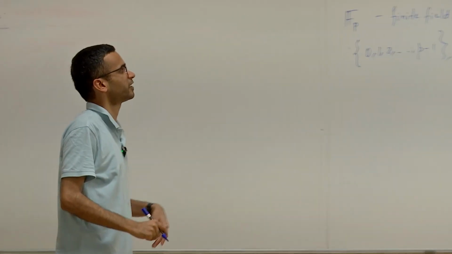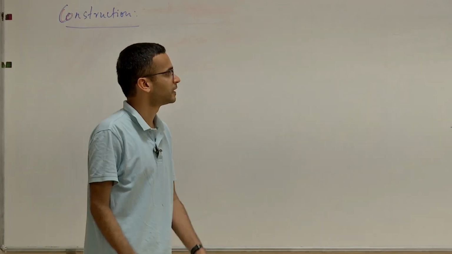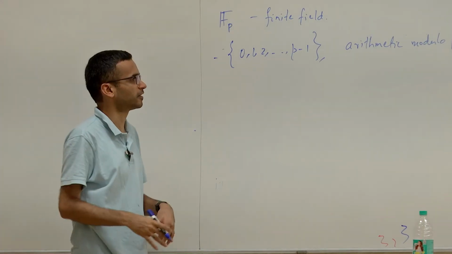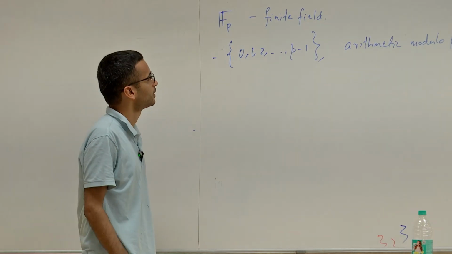So if p is a prime, this has all the properties that we expect from things like rational numbers or real numbers or complex numbers. What kind of properties? Well, addition and multiplication behave the way you expect. They are commutative, associative, things distribute the way we want them to distribute.